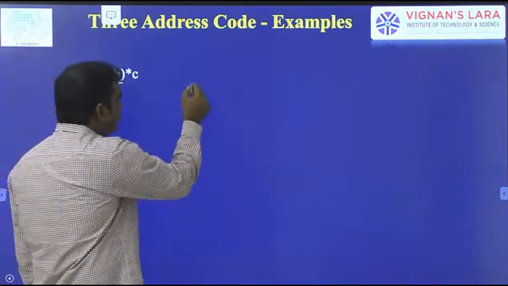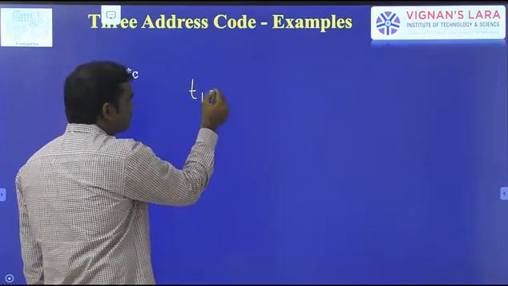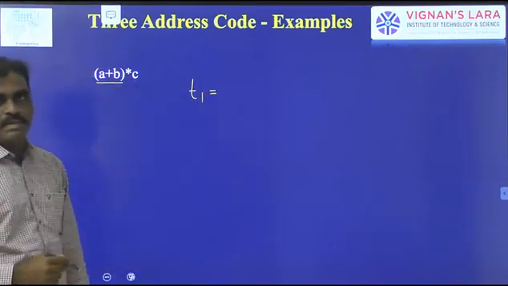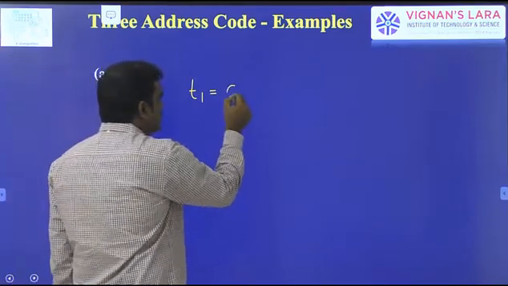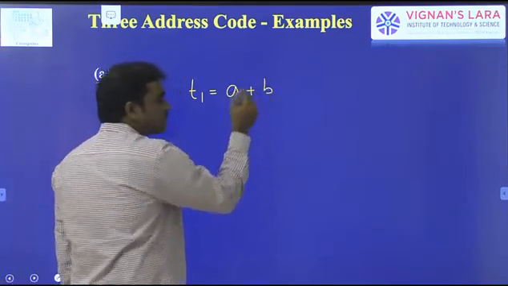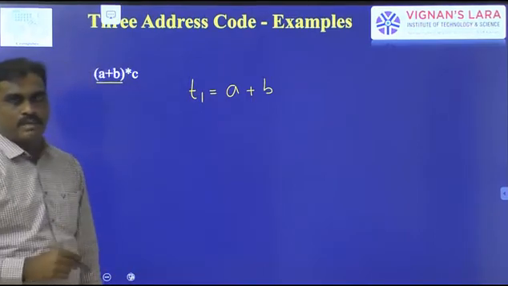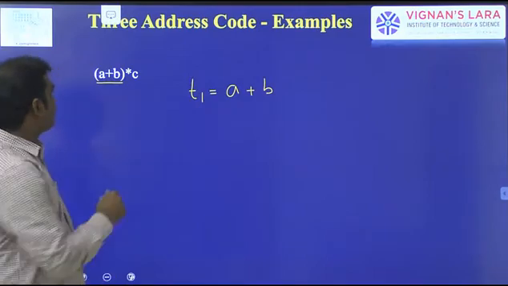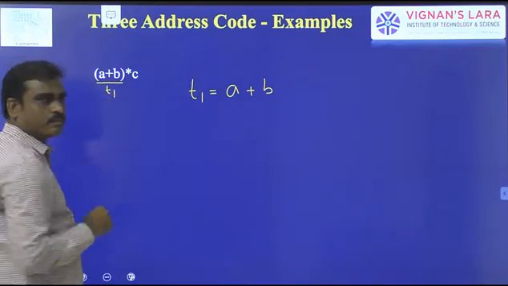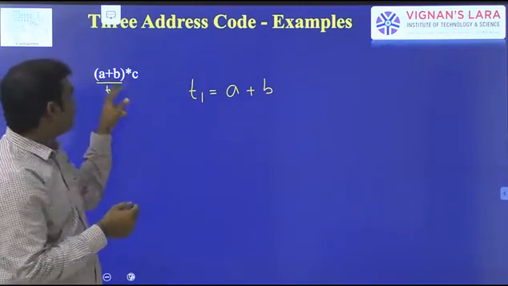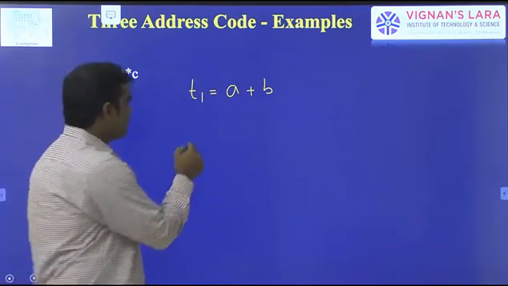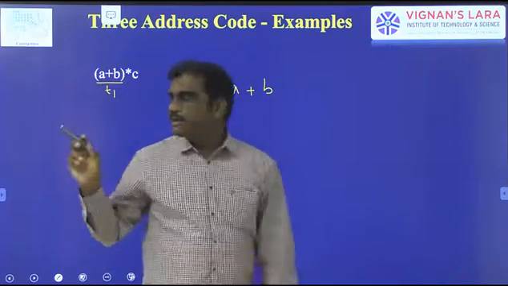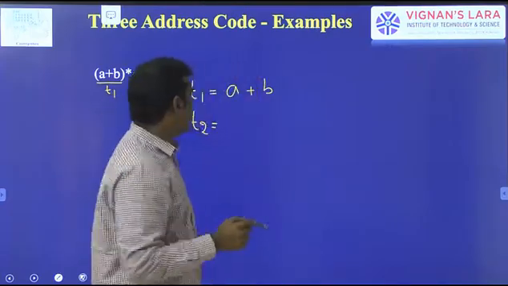Now take temporary variable T1 equal to, so first I want to perform the addition operation A plus B, because A plus B is in 3_ form as per rule 1: 2 operands and a single operator. Now this is T1. Now I want to perform the multiplication. Take temporary variable T2 equal to A plus B into C. What is the A plus B value?